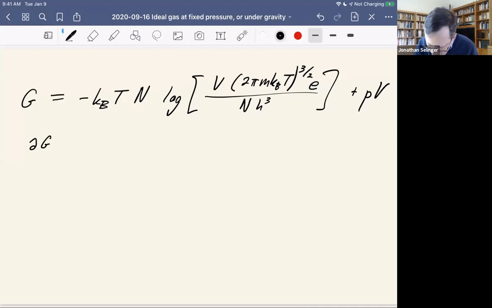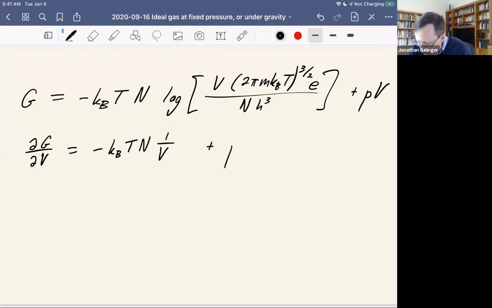The derivative of G with respect to volume is minus kTN, and then the derivative of the log is 1 over V. And then plus the derivative of the pressure volume term, which is just pressure. So that equals 0. I want to solve this for volume.